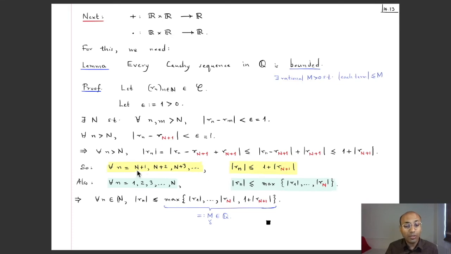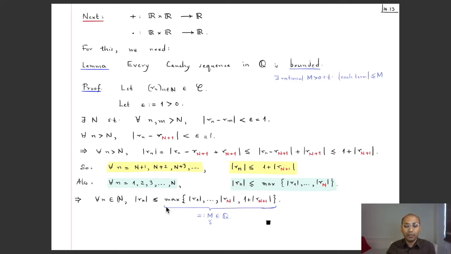But also what's left out in this list are just the first capital N numbers. So for every n equal to 1, 2, 3 up till capital N, we of course have that the mod of Rn is less than or equal to the maximum of mod R1 up till mod R capital N. So now if I take the maximum of these two, that will be some big rational number such that for every little n, you have that mod Rn is less than or equal to that bound.